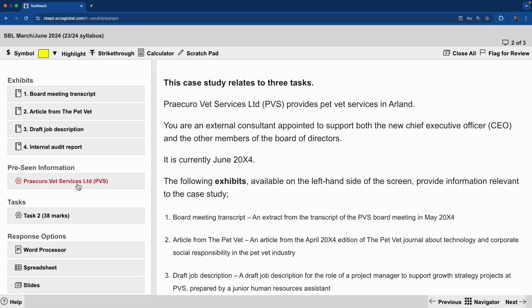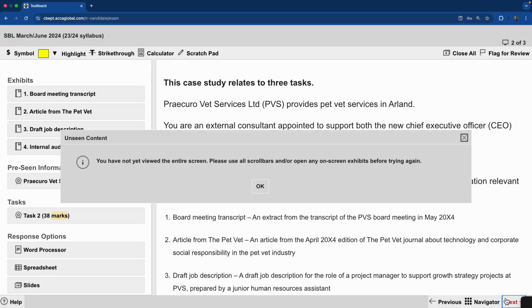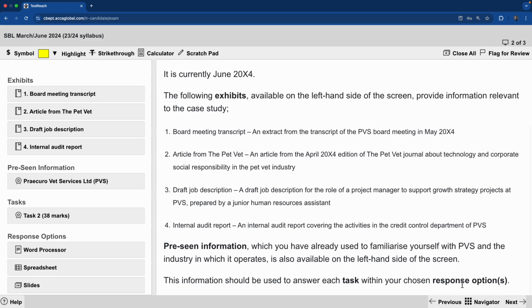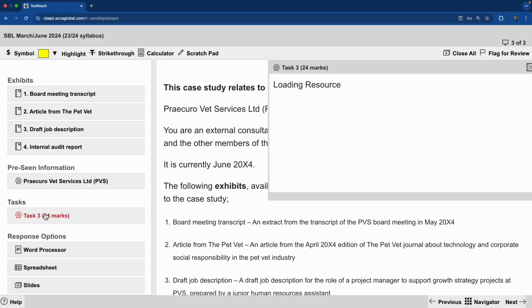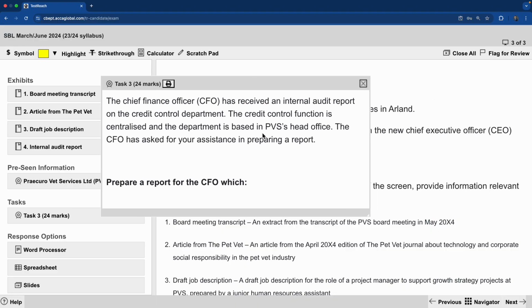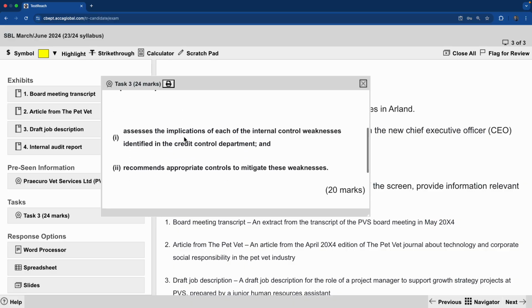So they gave the job description. The last thing you're looking at, let me see first. So we're done with this case. Task 3. The CFO received an internal audit report. Credit control function is centralized. The CFO asks for assistance in preparing a report. Assess the implication of internal control weakness.